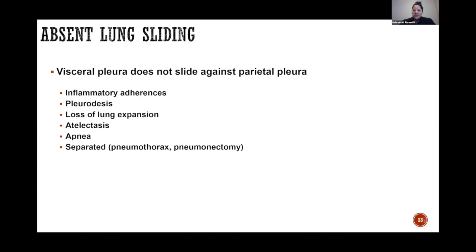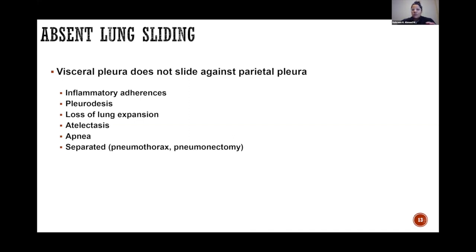Loss of lung expansion, where you might see severe, significant atelectasis, or pneumo ex vacuo after you drain a pleural space with a pleural peel and the lung doesn't re-expand. You can see absence of lung sliding in apnea also, and then of course when separated by air or fluid in a pneumothorax, pneumonectomy, anything where the pleural space has been instrumented, you might also see absence of lung sliding.